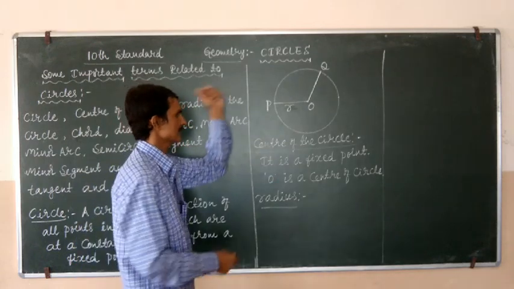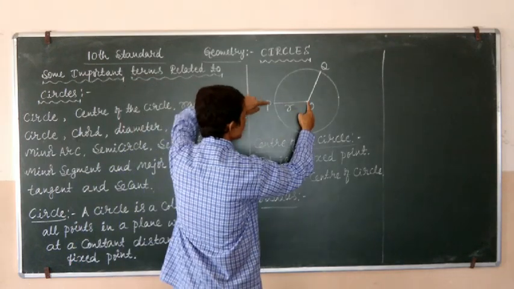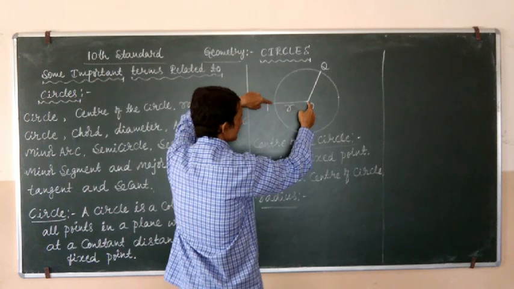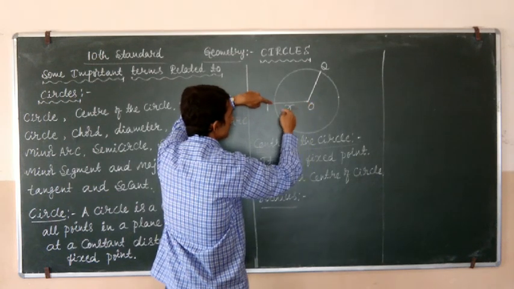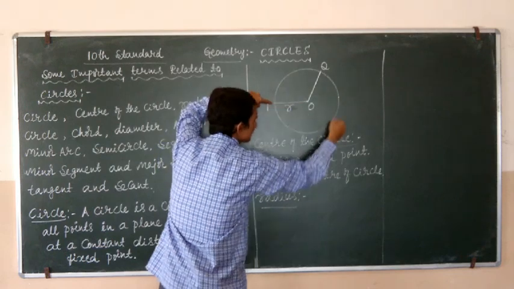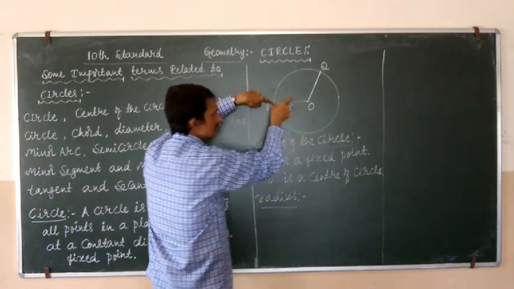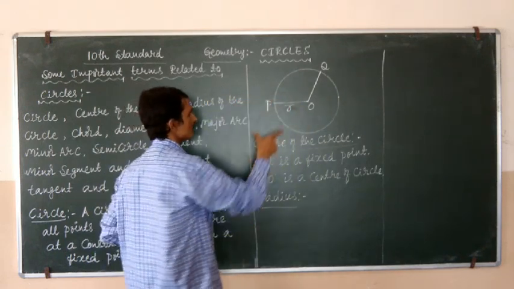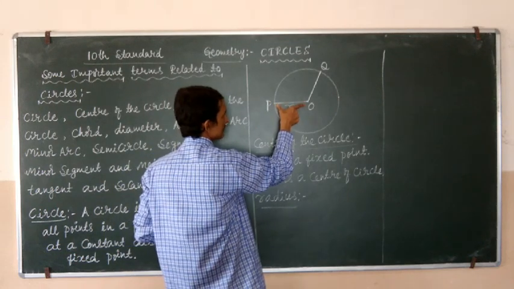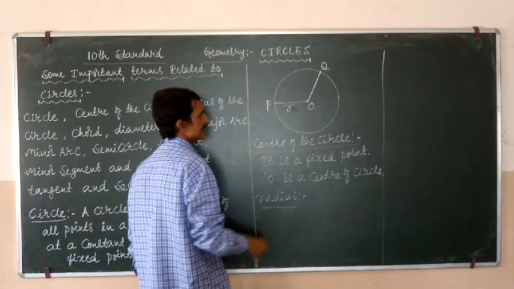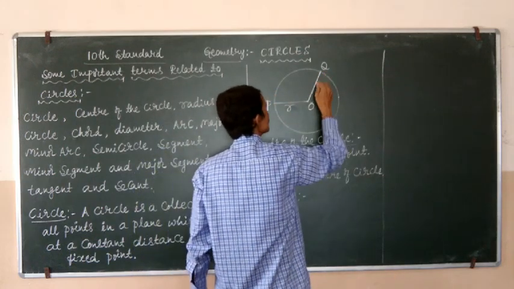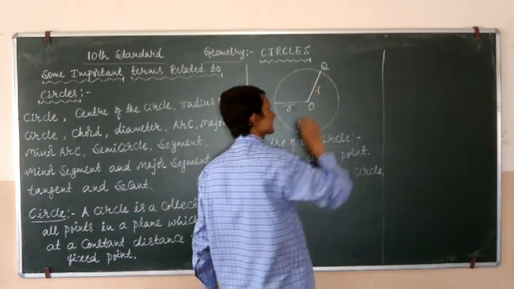The radius of the circle is the distance between the center of the circle and a point on the circumference of the circle. In the figure, OP is the radius and OQ is also a radius.